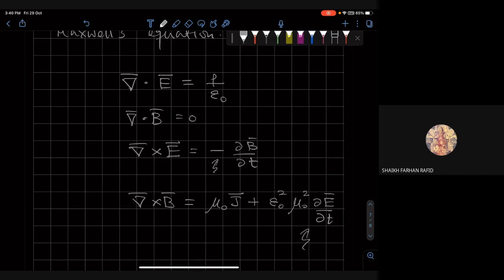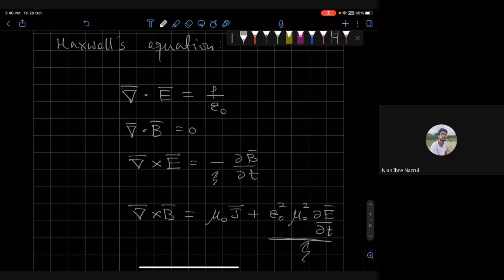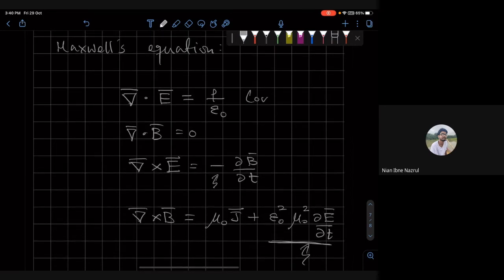Oh, it's Nian said that this was Maxwell's correction. Yeah. So this is a bit of history. Coulomb's law, right? And this is no magnetic monopole. I don't know if it has a name attached to someone. And this is Faraday's law.